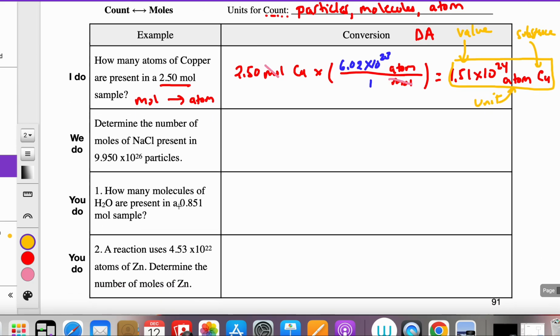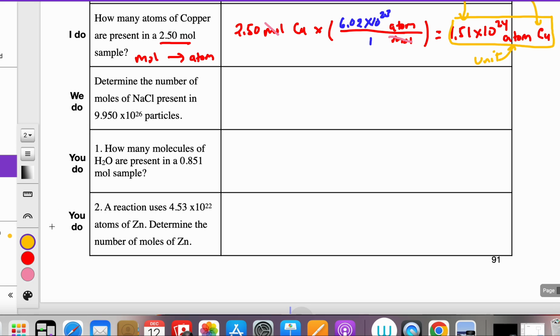Okay, so let's take a look at the we do. In this example, it says determine the number of moles. So moles is my unknown. Determine the number of moles of NaCl present in 9.950 times 10 to the 26 particles. And this is a unit for count. So this is what I'm starting with, a count of particles.